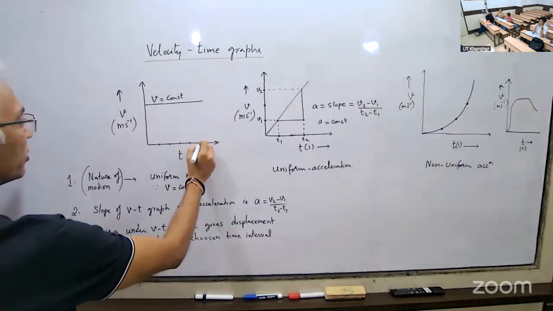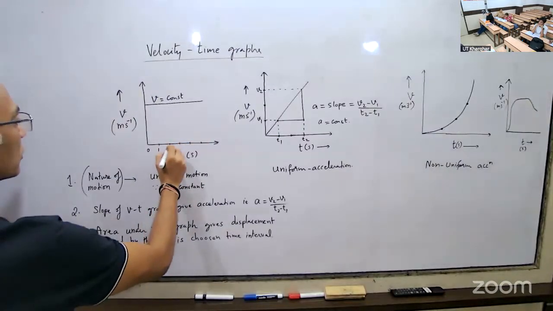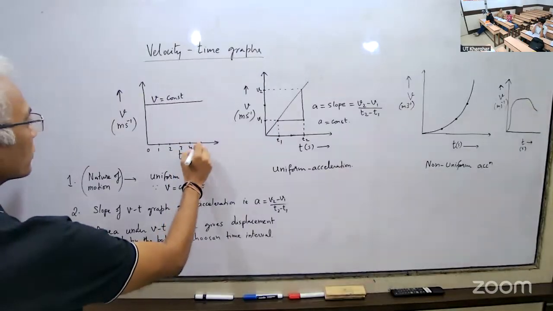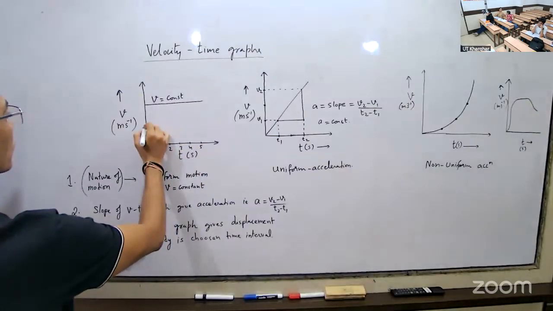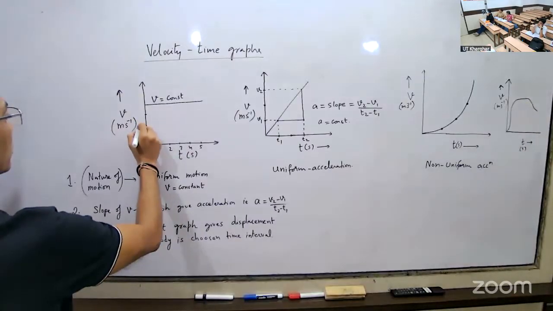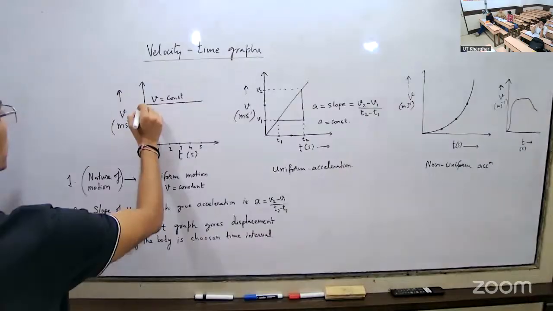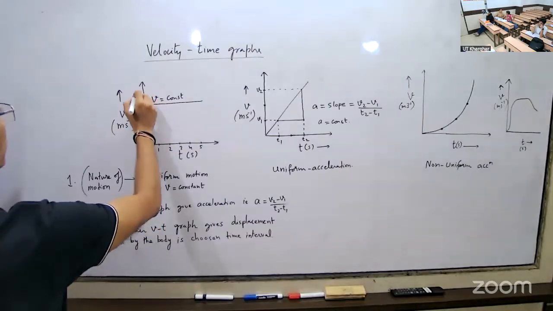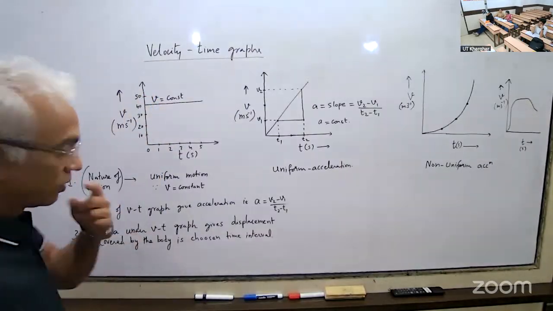Let me put some values here. Let's say 10, 20, 30, 40, 50. Okay.